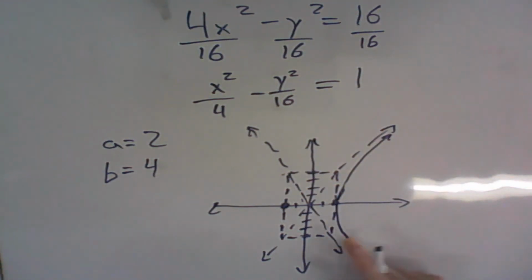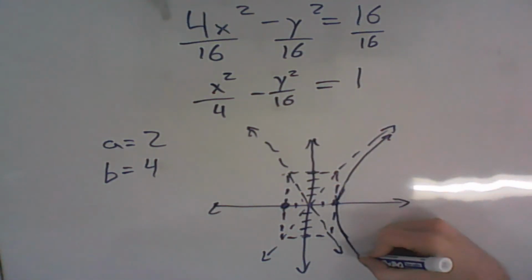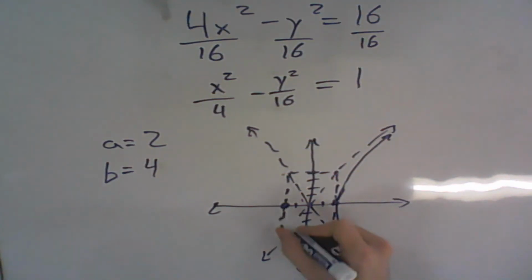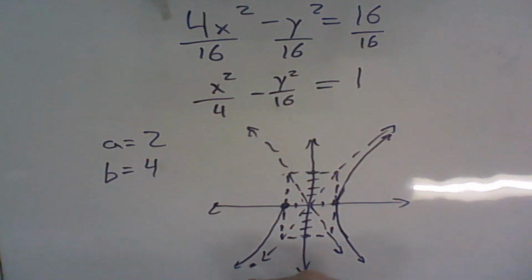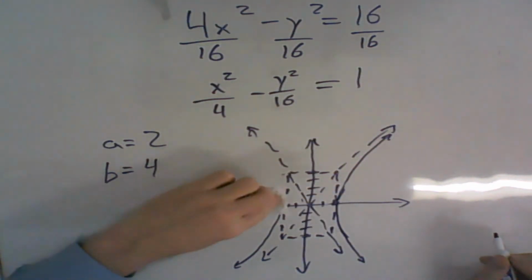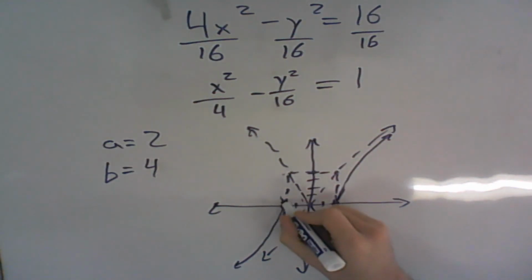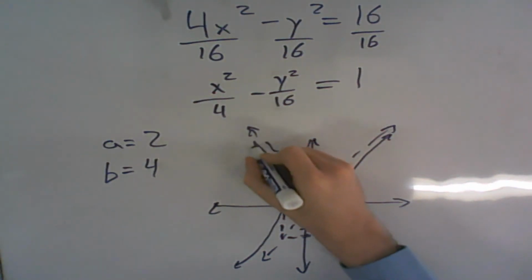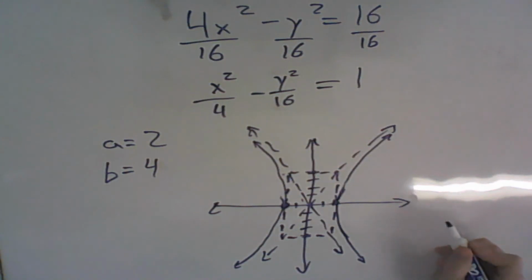Now it's not going to curve away from the asymptote. That's just poor drawing, okay? So it's going to go from the center, from the vertex, and push out towards the asymptote.